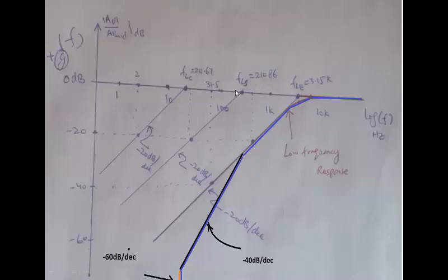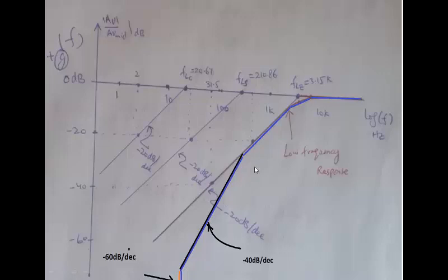When you arrive at the third breakpoint, the response will start decreasing again at minus 20 dB per decade. So minus 20 dB of this one, minus 20 dB of this one, and minus 20 dB of this one. The overall response after this point would decrease at minus 60 dB per decade.